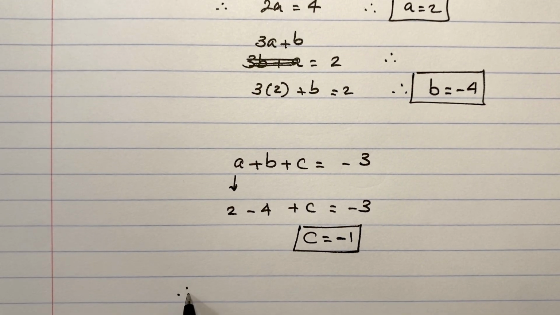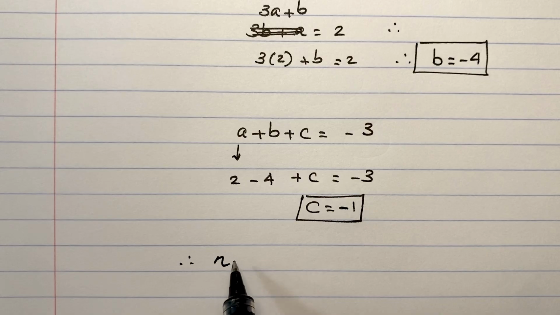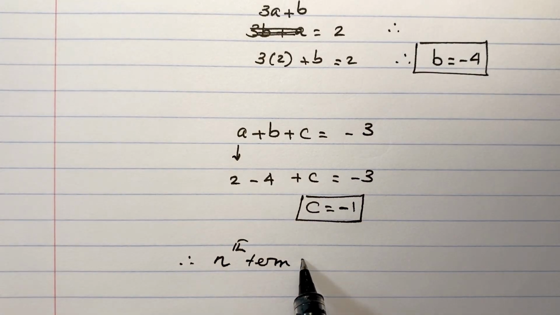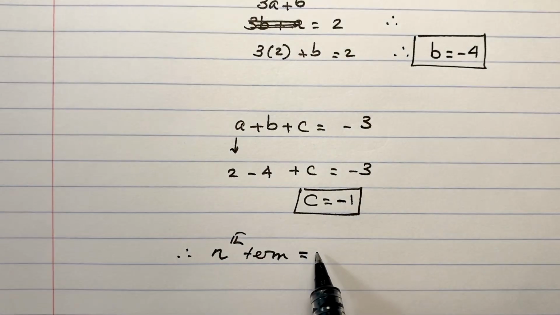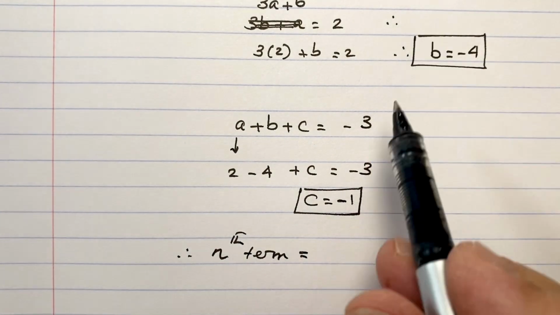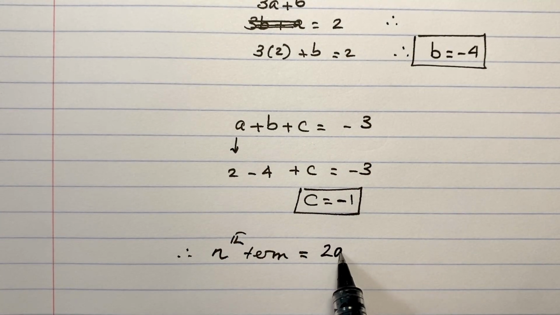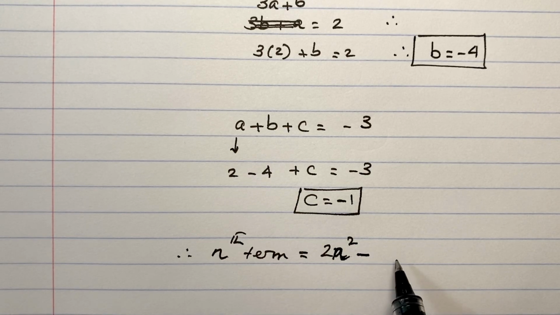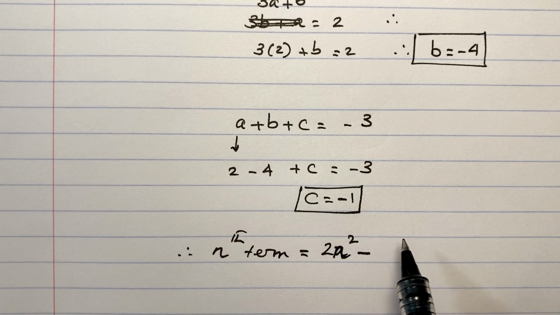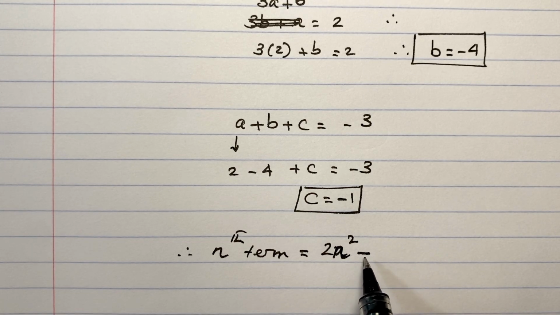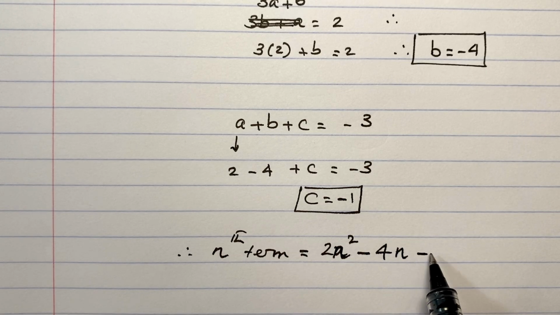Therefore the nth term, which is an squared, therefore 2n squared, plus bn, which is minus 4n, and c, which is minus 1.